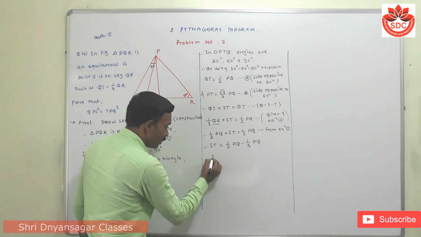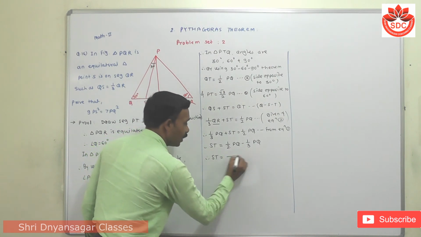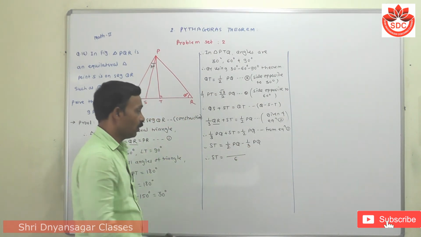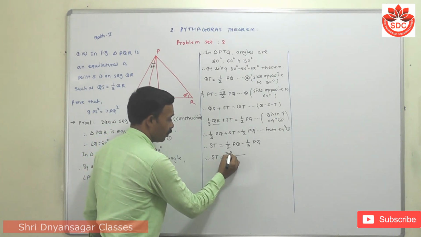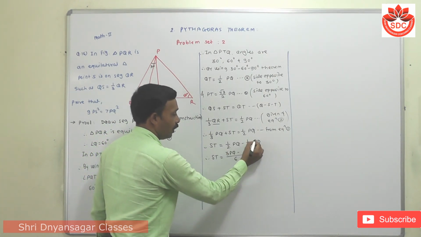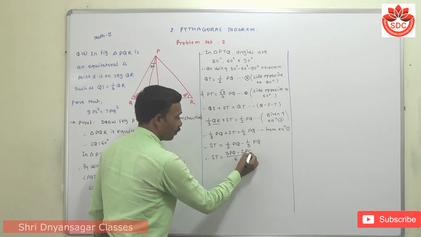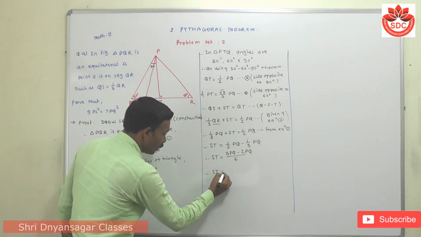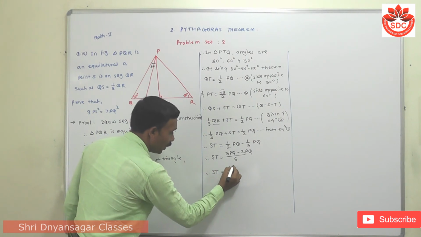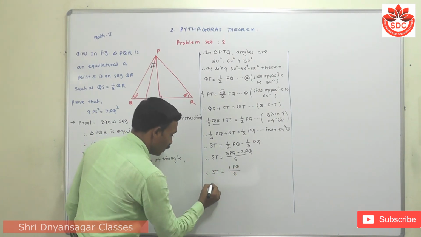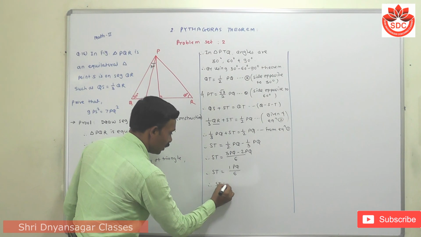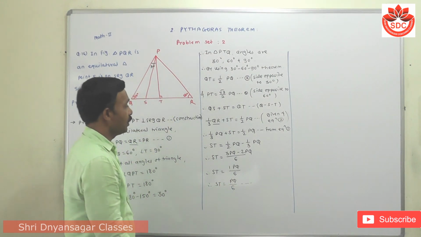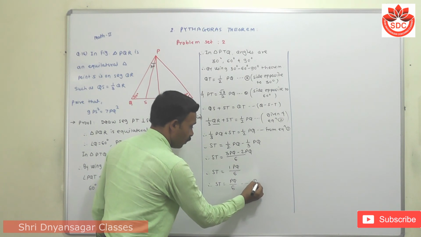Therefore ST is equal to, LCM becomes 6, 3 into 1 is 3 PQ minus 2 into 1 PQ is 2 PQ. Then the subtraction gives ST is equal to 1 PQ upon 6, meaning ST is equal to PQ upon how much? 6. Suppose that this is equation number 4.